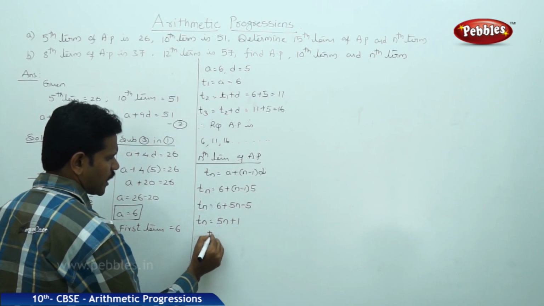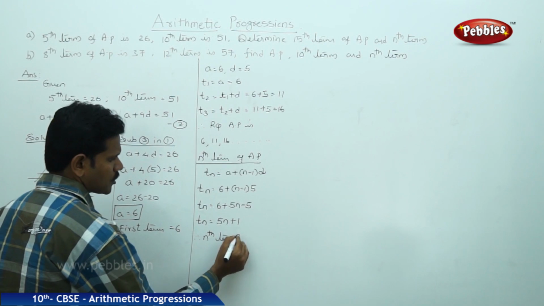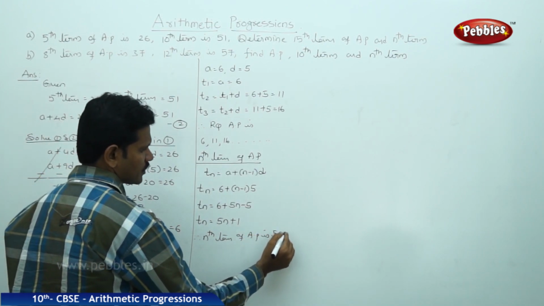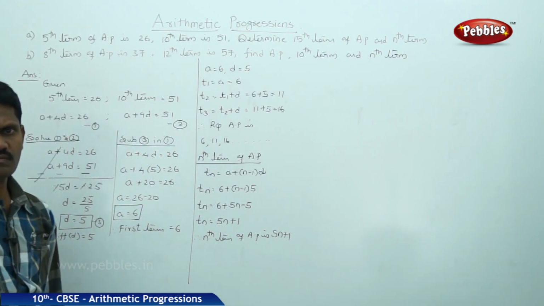Therefore, the nth term of the AP is 5n plus 1.